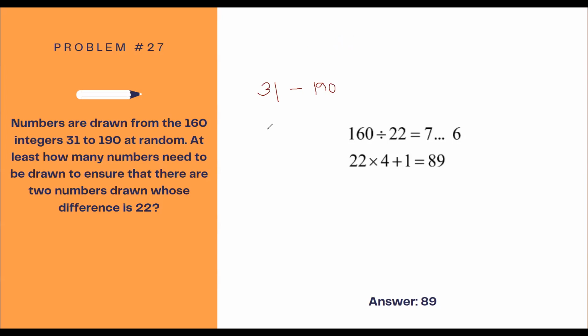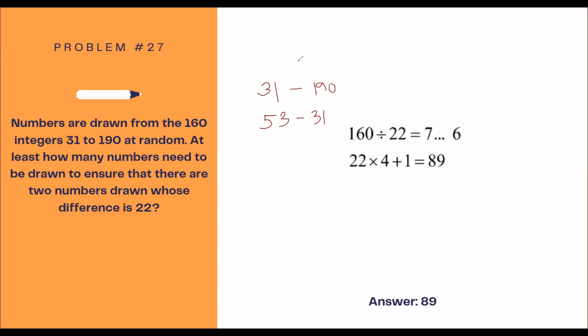Okay, how do we come up with 22 as a difference? For example, we have 31 to 190. Let's say for example 53, 53 minus 31. Okay. Can you explain it again?